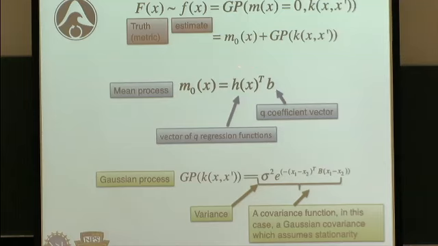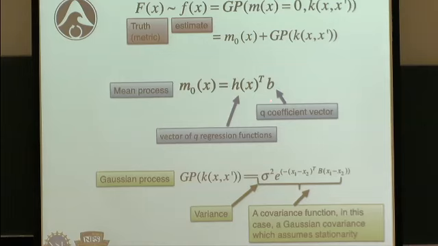That's equal to a Gaussian process that has a mean process, m of x, and then a covariance portion. The mean process consists of a vector of regression coefficients, this coefficient vector b.